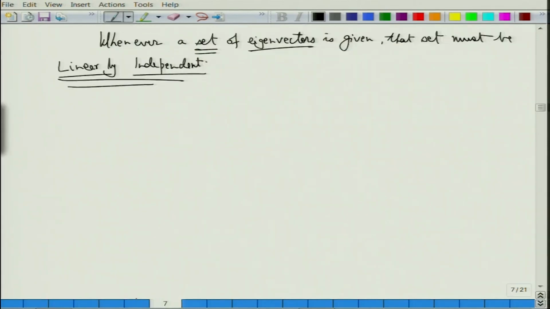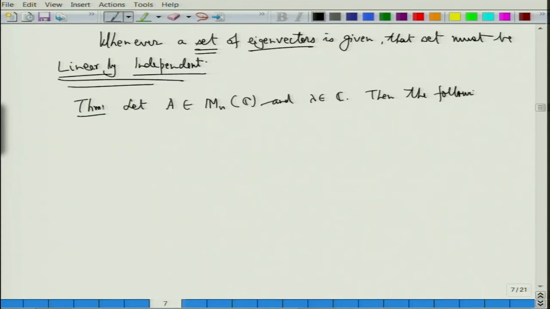So let us try to now prove results for these ideas. All right, so theorem. Let A belong to Mn of C. As I said, most of our examples will be real numbers, but we will be working over complex numbers only. And lambda belongs to C. Then the following statements are equivalent.